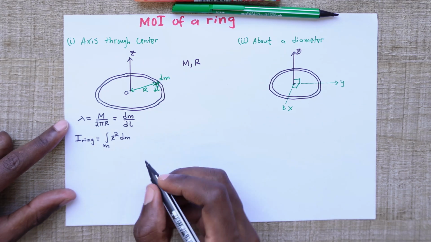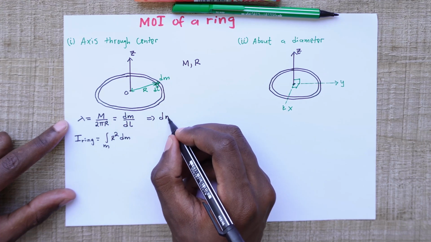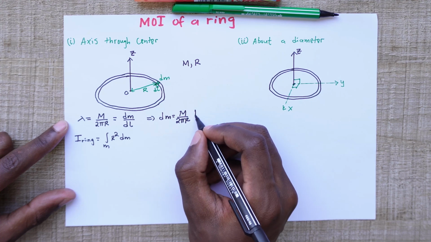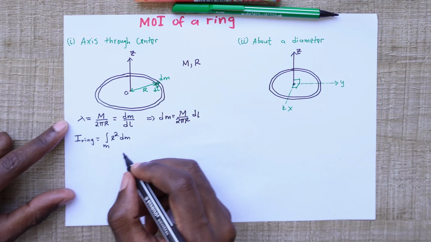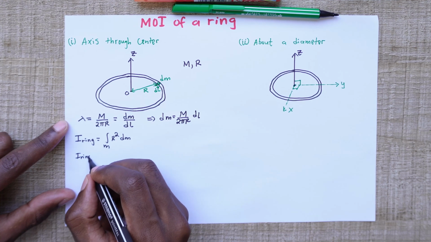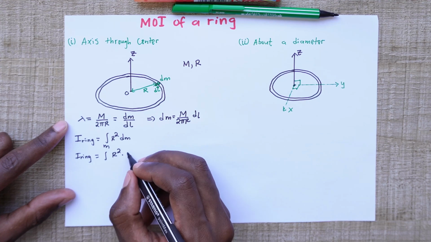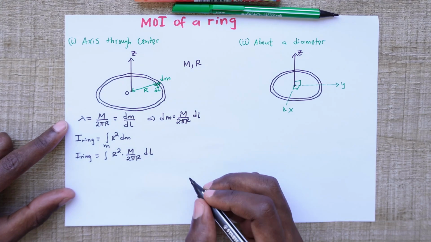We can replace the expression of dm from here, where dm is M over 2 pi R times dl. So I ring becomes the integral of R squared times capital M over 2 pi R times dl.